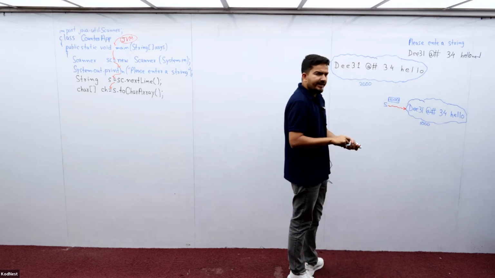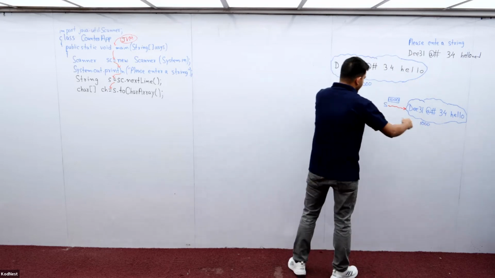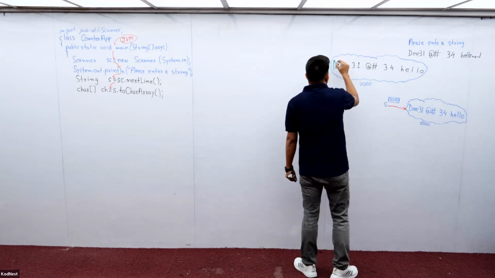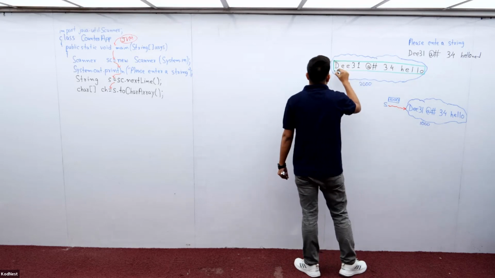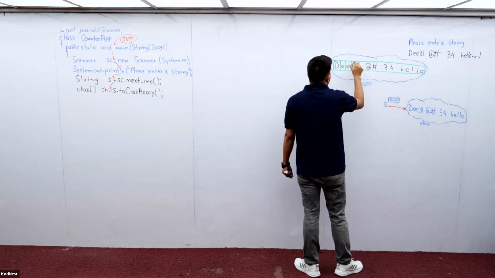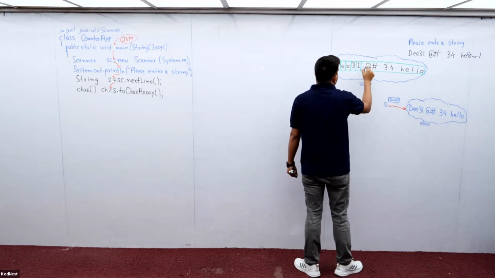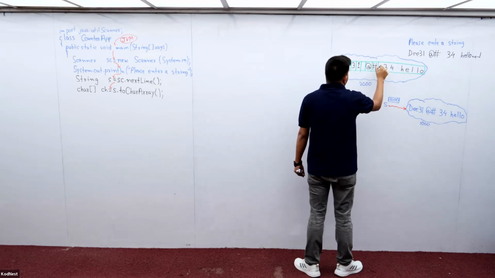Arrays always have index numbers, so everything will get its individual index. Space will also get its index.